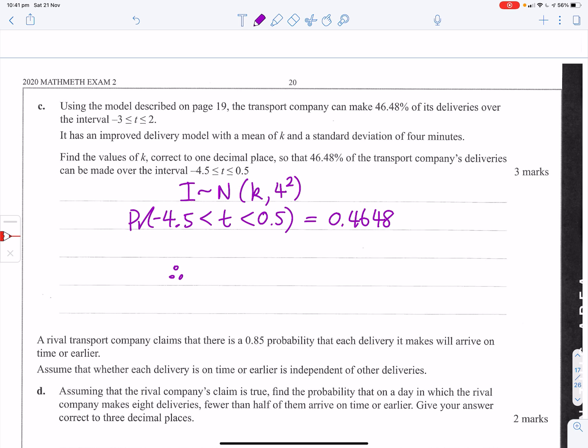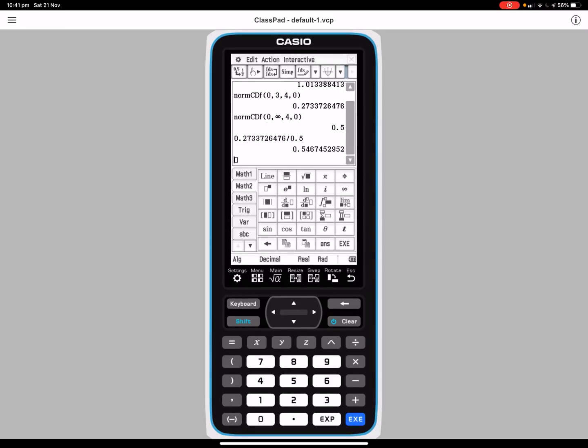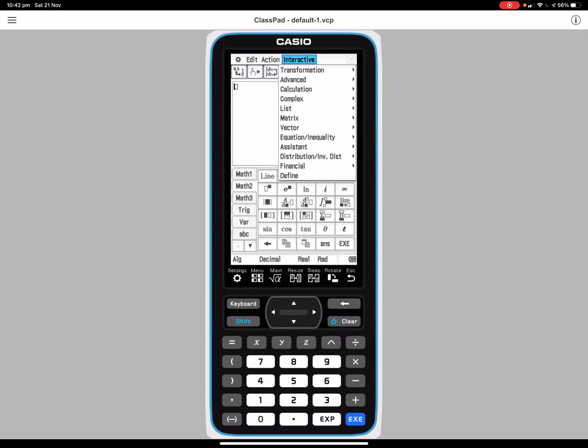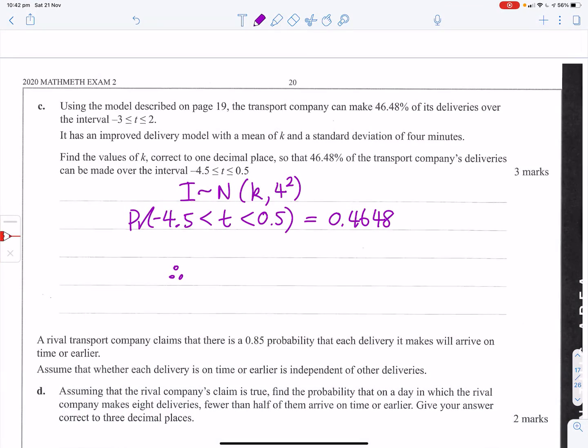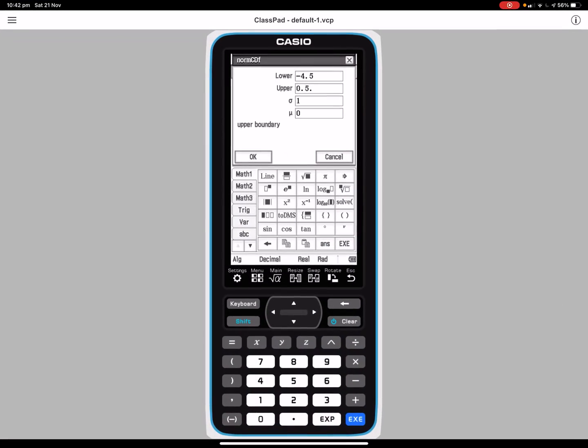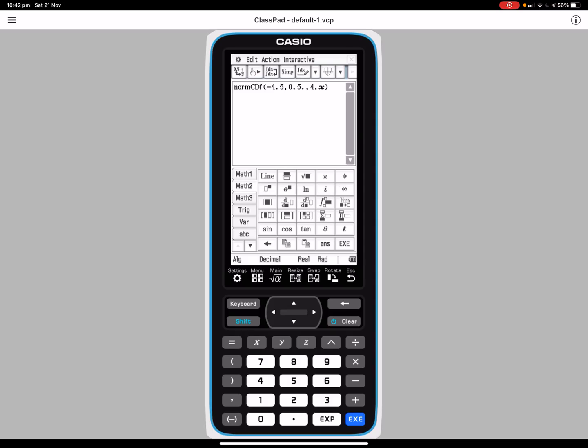Therefore, if we find the area from -4.5 to 0.5, I think it was, and the standard deviation is 4, and the mean we're going to call x, we know that's equal to 0.4648.